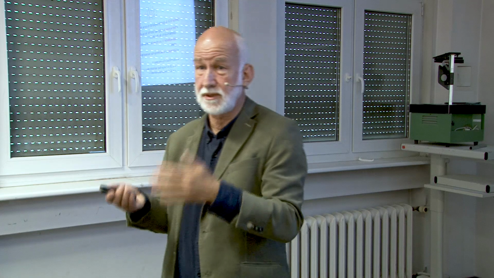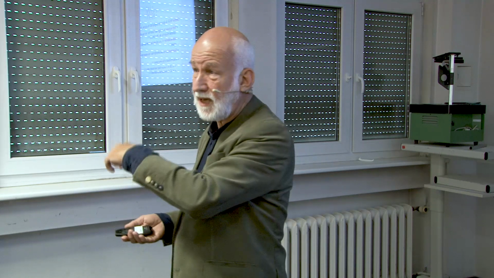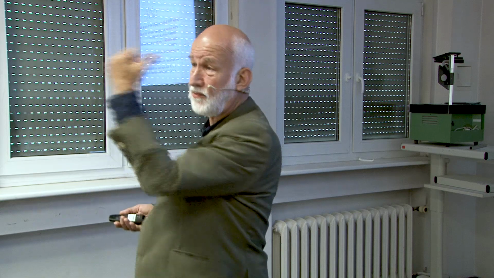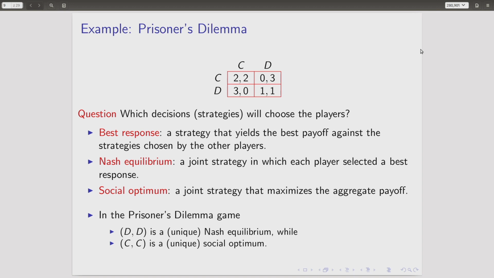So now, if you think of these two students, each of them should ideally give the other one 2 chocolates, because each of them will end up with 2 chocolates. No, because each of them will think, aha, if the other one gives me 2 chocolates, I additionally claim 1 chocolate and I get 3 chocolates. I'm better off. This row student would say, I choose D, the other one chooses C, so I end up with 3 chocolates.